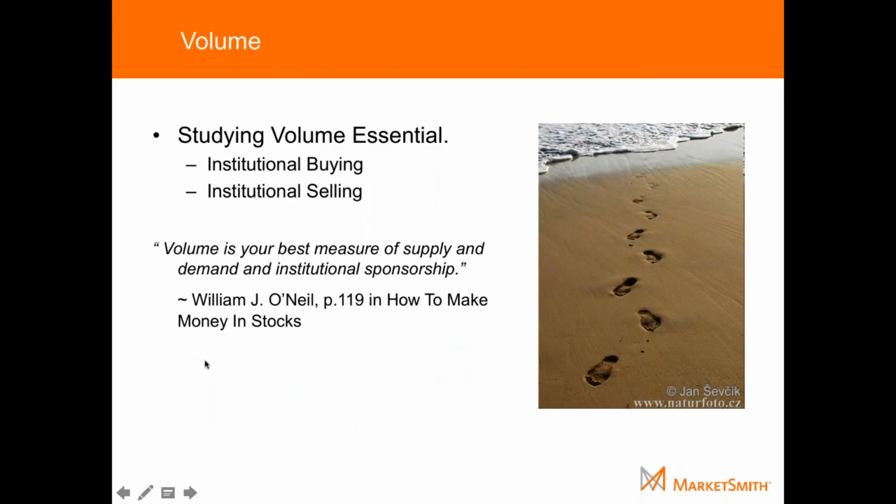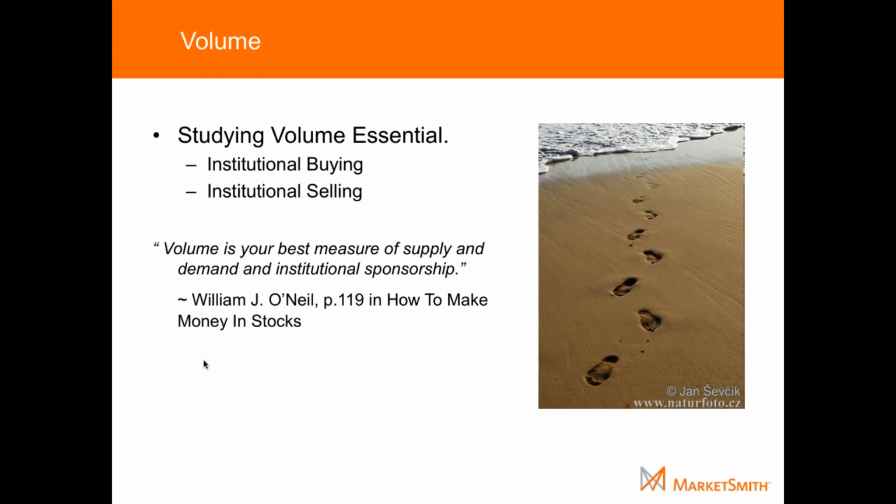Moving on to this next slide, I'm talking about institutions. Like I mentioned before, they're responsible for the majority of the volume in the market. Somewhere between 70 to 80% of the overall market is due to these institutions, pension funds, hedge funds, mutual funds.